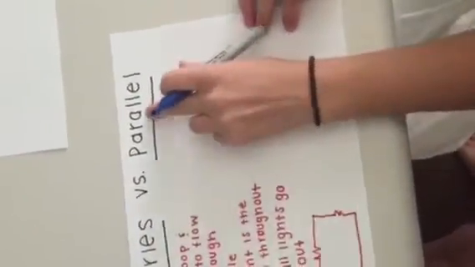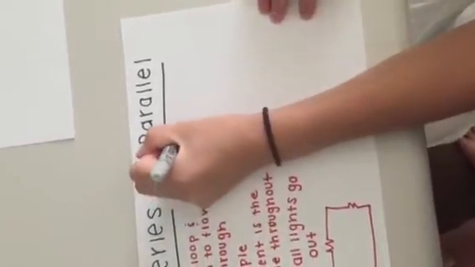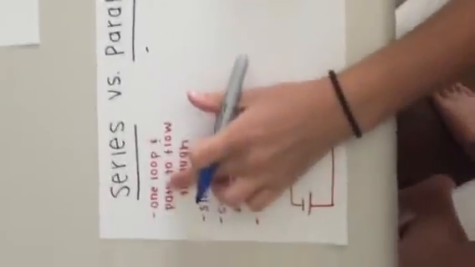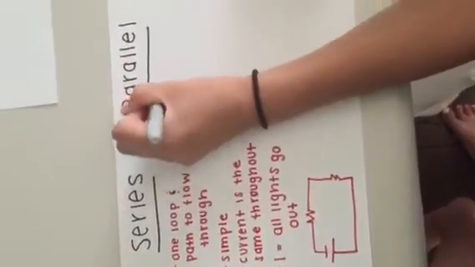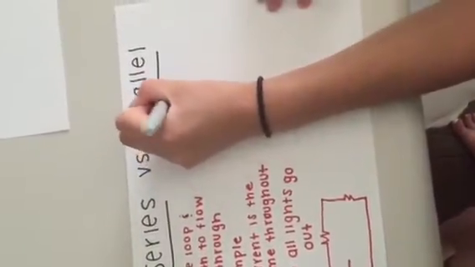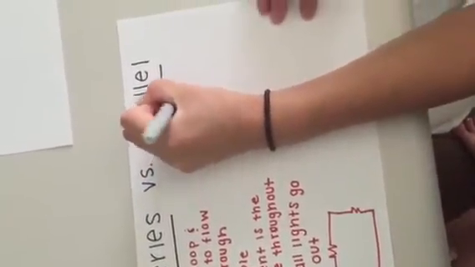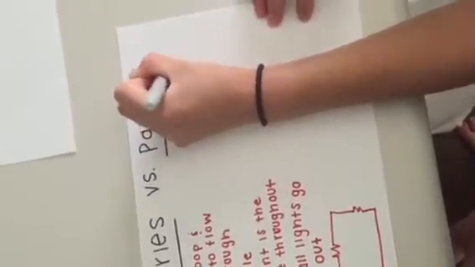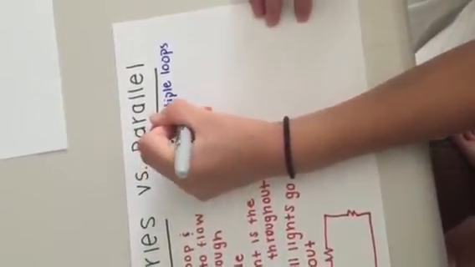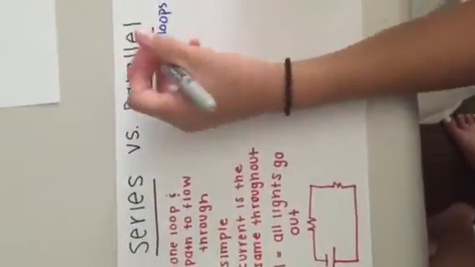Now let's move on to parallel circuits. In this one, whereas in series there's one loop, in parallel there's multiple loops. Also, it is bigger and more complex, unlike this simple series circuit.